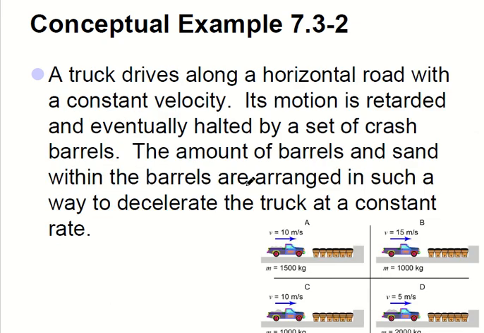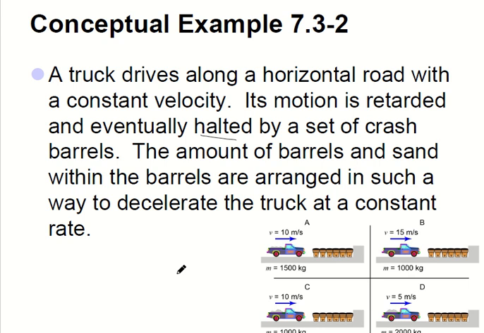Okay, then we come to the conceptual example 7.3-2. So we have a truck, and that truck is driving along a horizontal road with a constant velocity. Of course, it is retarded and eventually halted by a set of crash barrels. So here are your barrels right there, and halted means to stop.